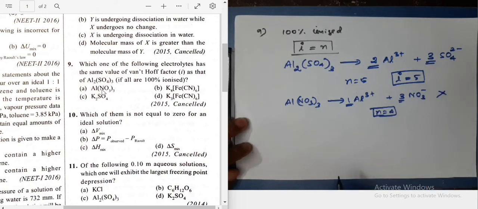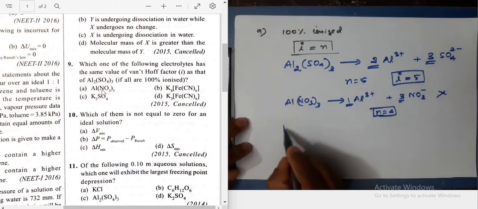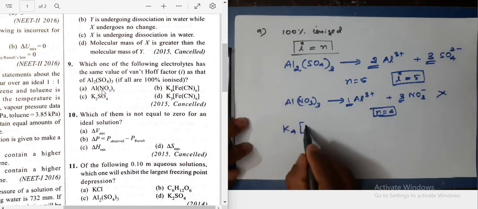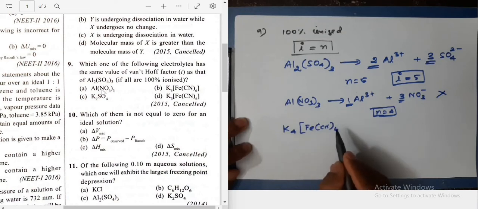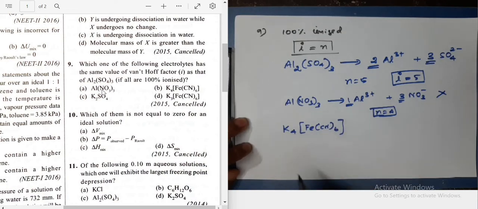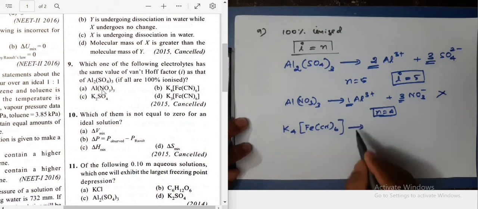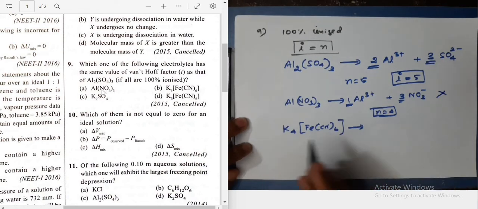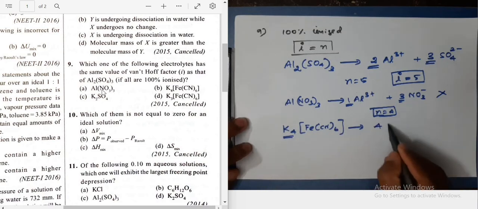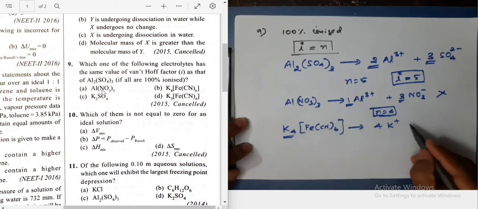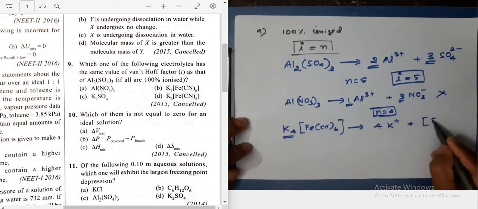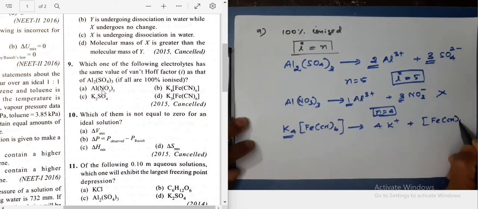Okay, then what about option B? In option B, the electrolyte given is K4Fe(CN)6. It is a complex compound. When a complex compound dissociates, all these potassium comes out as potassium ions. So you'll get 4 potassium ions, and this complex exists as a single ion, [Fe(CN)6].